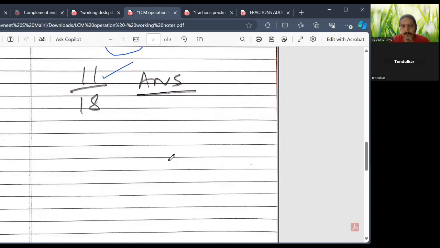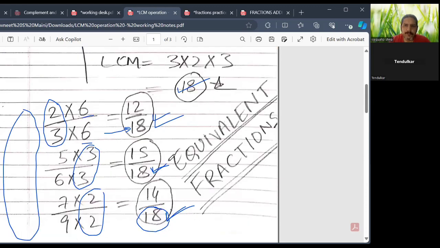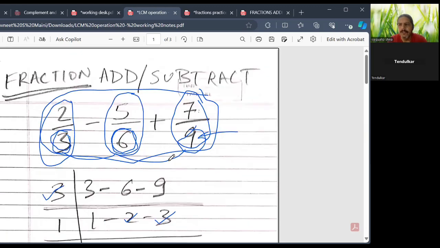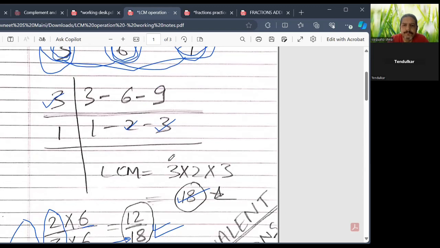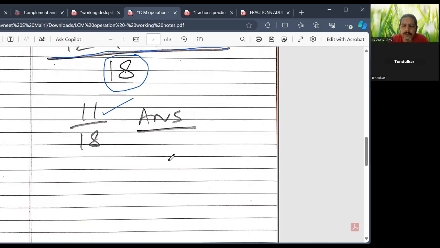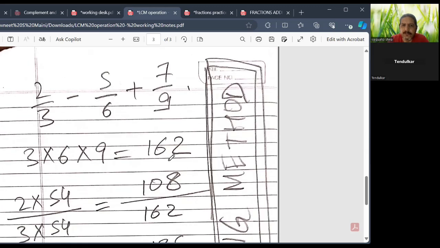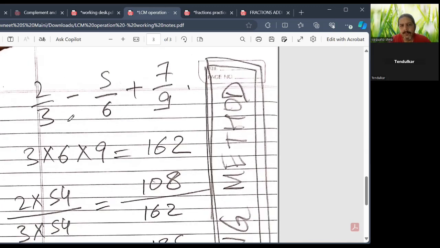Now, see, this is a very simple way of doing the addition and subtraction of fractions. Usually here also, I have seen students making a lot of mistakes. What they start doing is, they multiply the denominators. So 3, 6 and 9, they multiply these three and come up with this big number, 162.